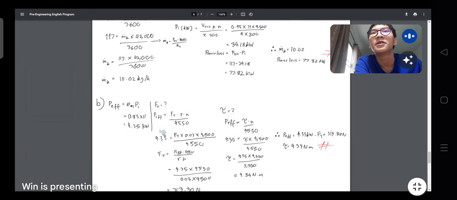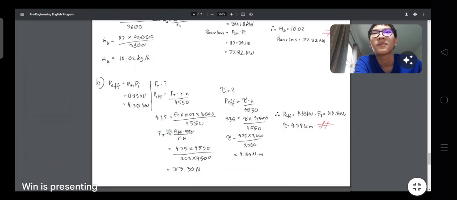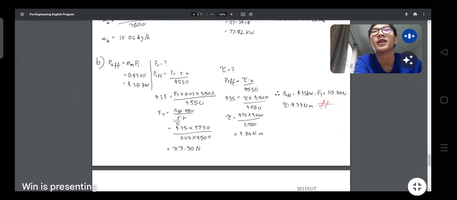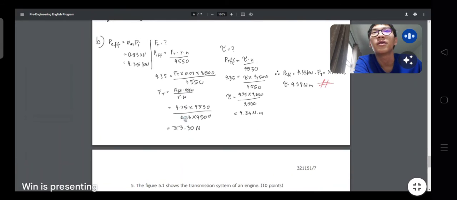P efficiency equals Ft times R times N divided by 9,550. But since we need to find Ft, we have to put it at the front, and it will be Ft is equal to P efficiency times 9,550 divided by R times N. Put the numbers together and you will get 313.30 N.